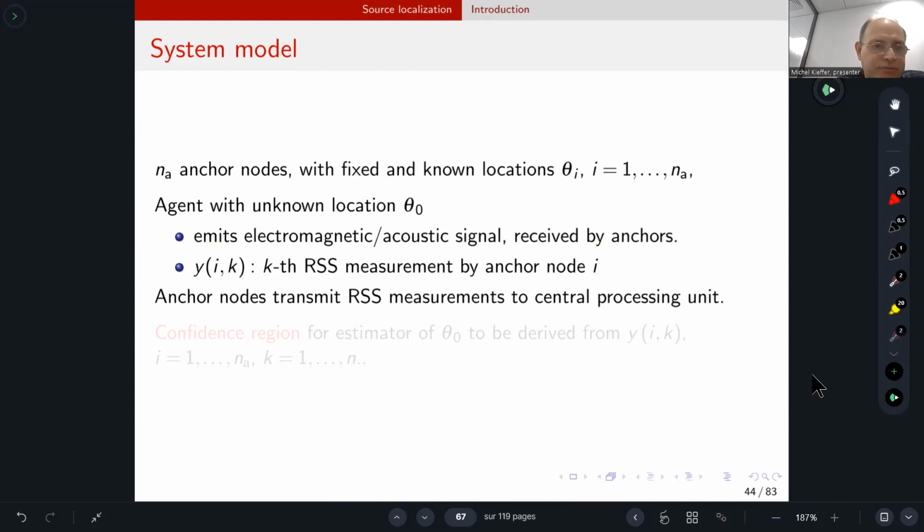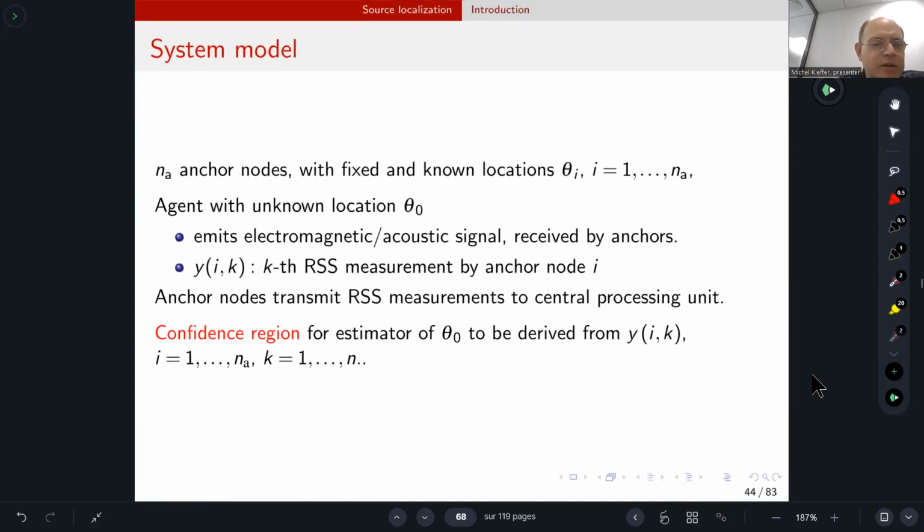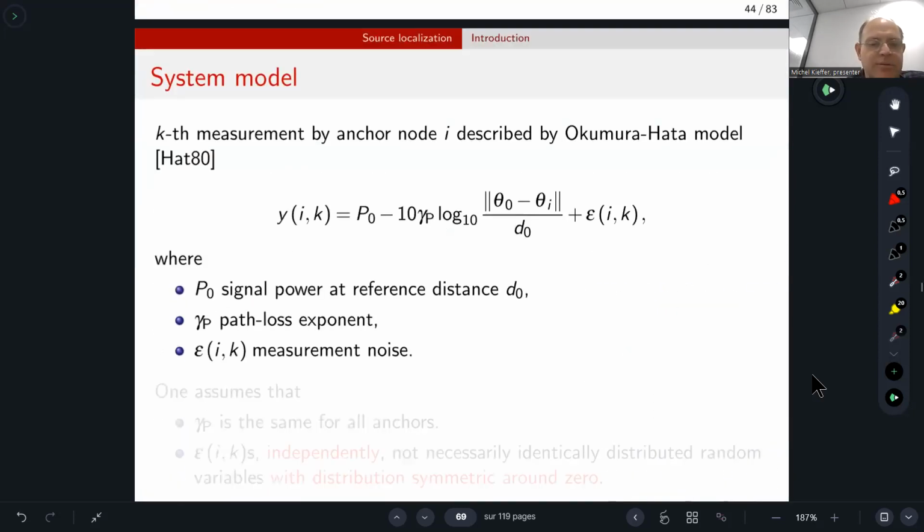And the anchors transmit the received signal strength measurements to a central processing unit. So our aim is to evaluate a confidence region for the estimator of θ0, the location, from the measurements which are here.